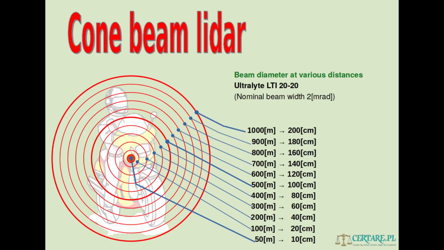So the whole problem that occurs is what happens if the operator tries to measure a motorcycle or a car, but some or most of that beam does not hit the motorcycle or the car, but flies past it.